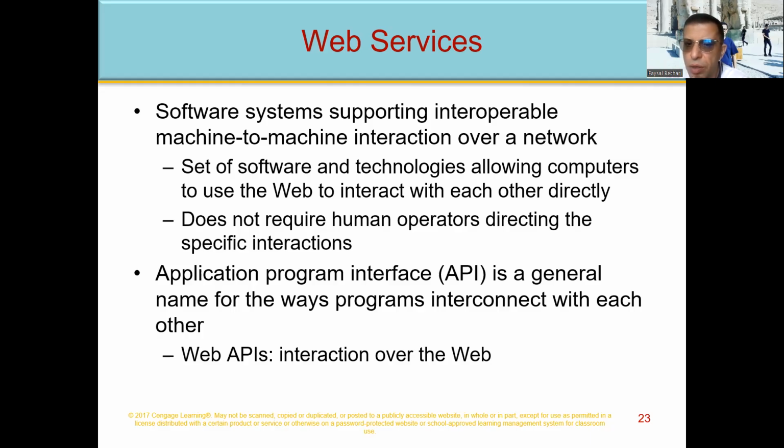It does not require direct human operation; the specific interaction is automatic, you click and you start sending. And then you have what you call APIs, or application program interface, which is a general name for ways programs interact with each other, web API being interaction over the web.